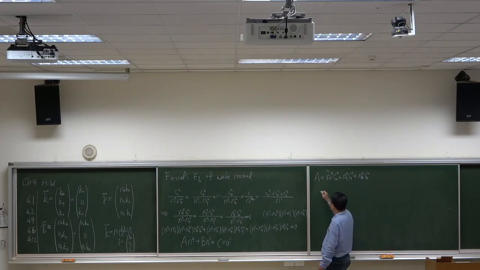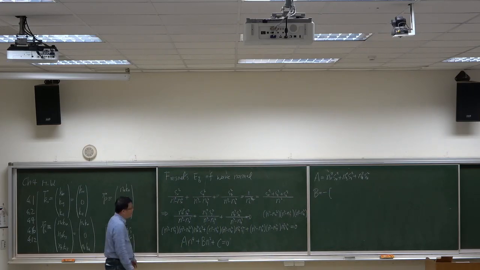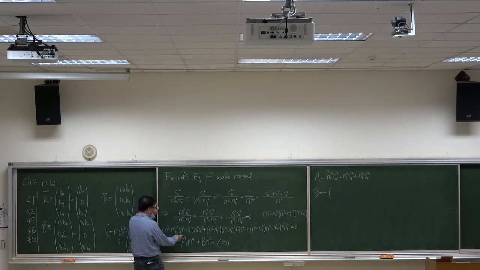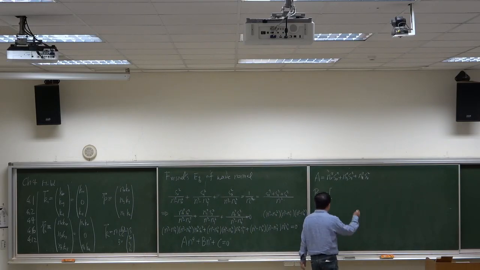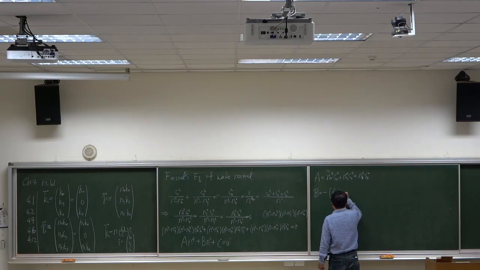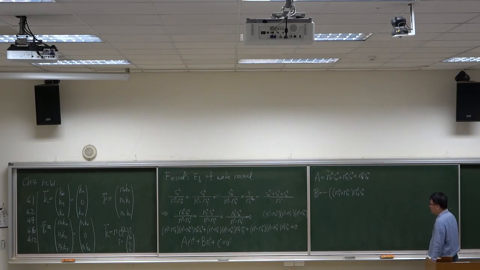And what is b? B has a negative sign. Here we have the summation of ny squared and nz squared times nx squared sx squared. This is the first term.